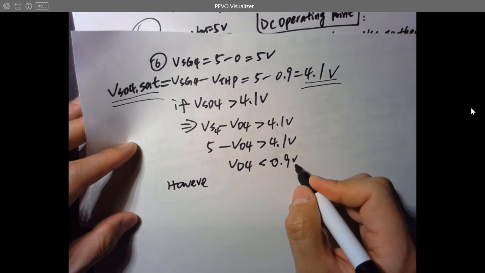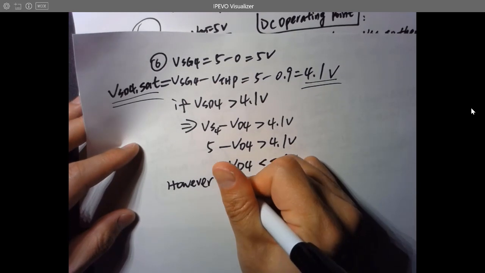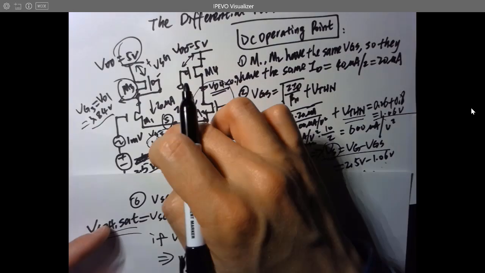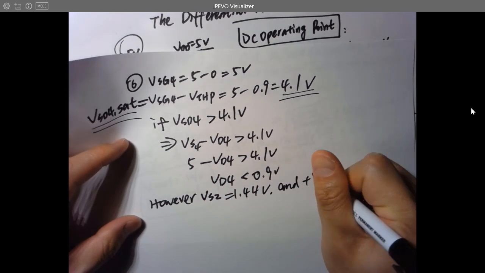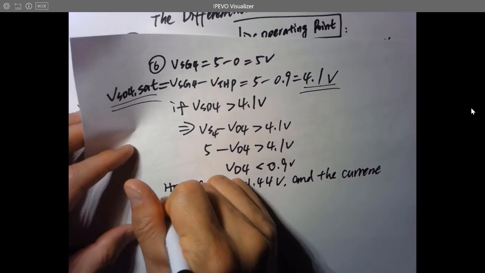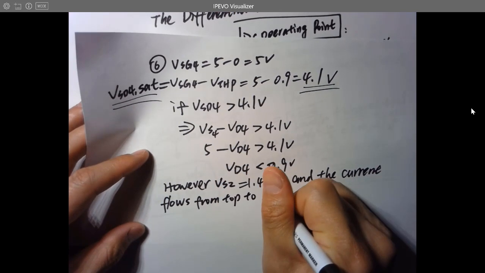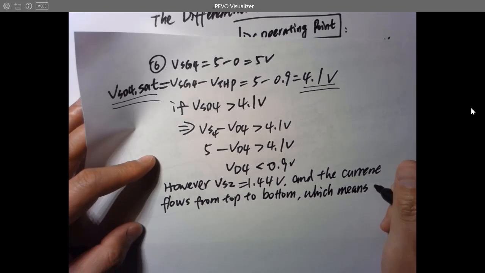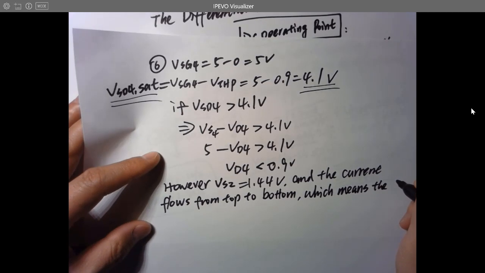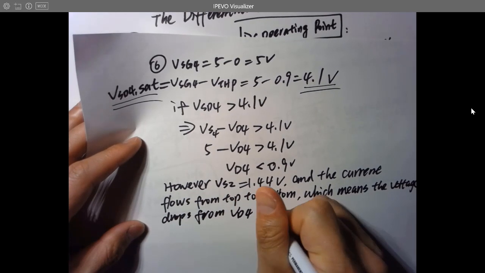However, this has to be smaller than 0.9 volts. Because VS2 here equals 1.44 volts, and the current flows from top to bottom, which means the voltage drops from VD4 to VS2.